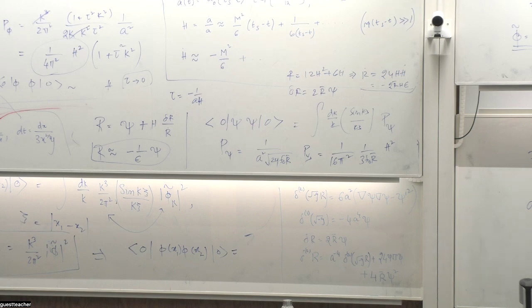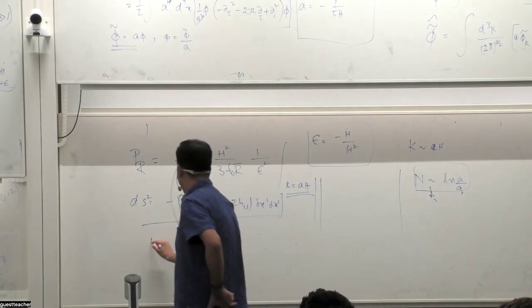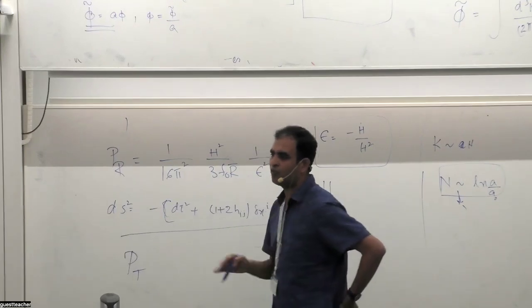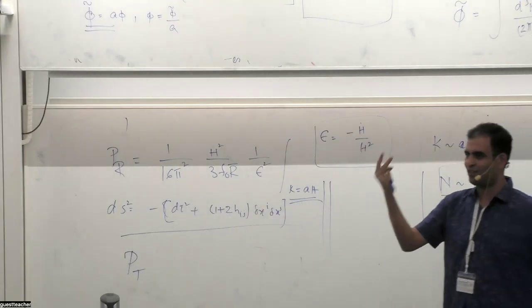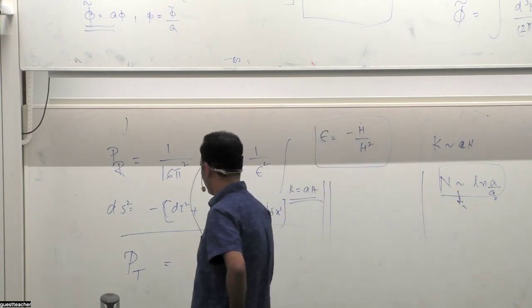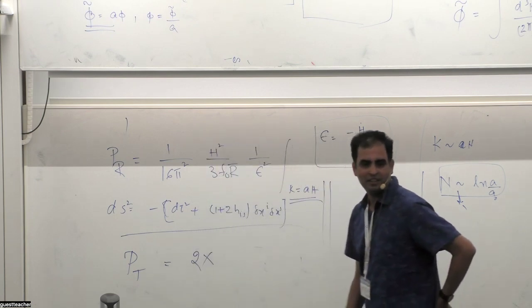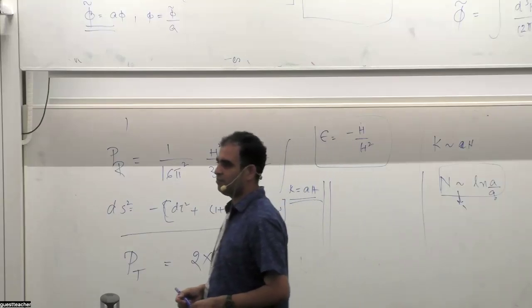Okay. Now you do these perturbations and compute the tensor power spectrum, but then you do another step here because you have two polarization states. Luca has derived the propagator; the tensor field has two polarization states. That means whatever you get, you multiply by a factor of 2, because you have two polarizations. So you compute the tensor power spectrum in a similar way.